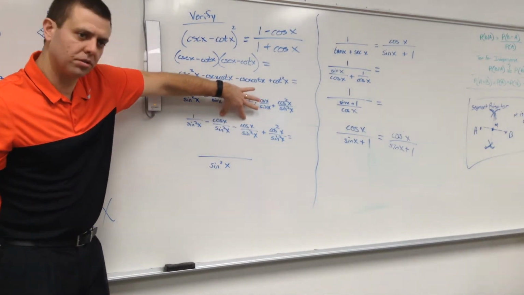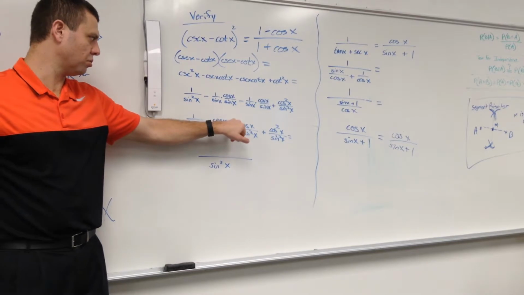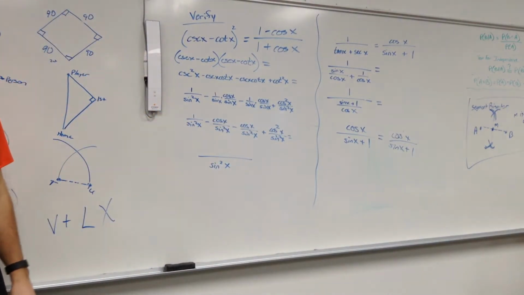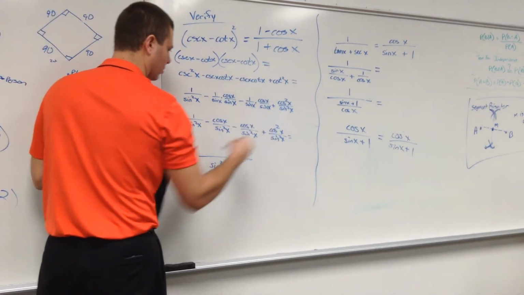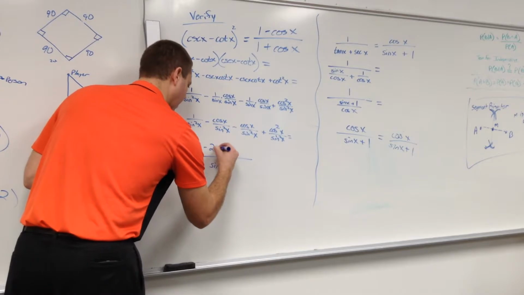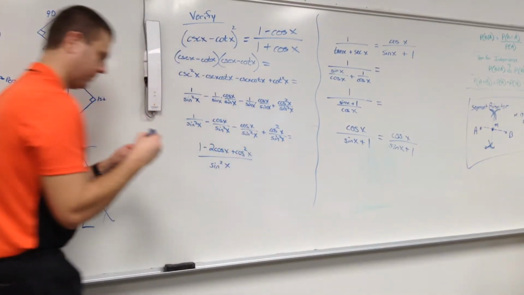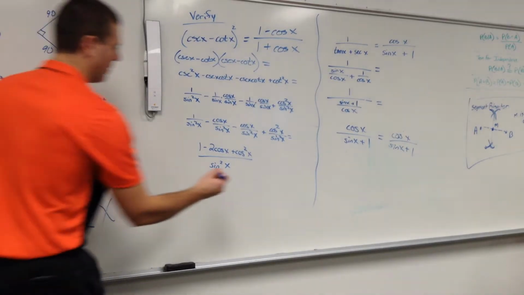These are like terms, so I'll have 1 minus 2 cosine x plus cosine squared x. I can write it as a single fraction. Are we seeing this? I just added or subtracted the numerators together.